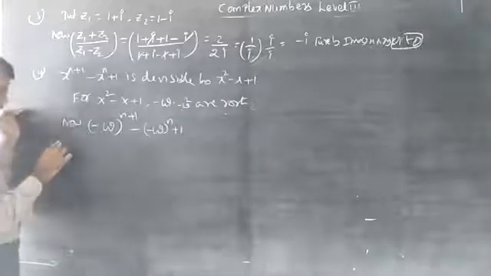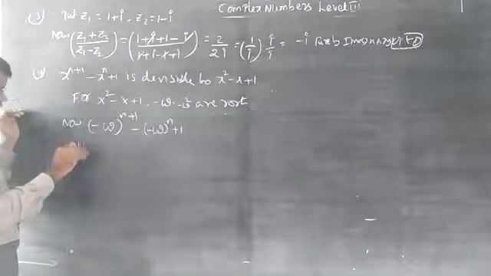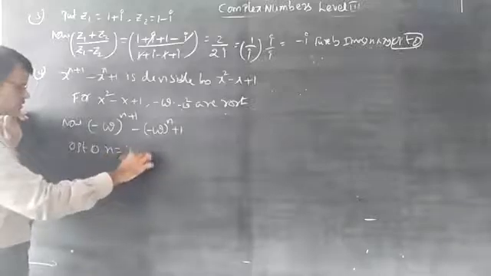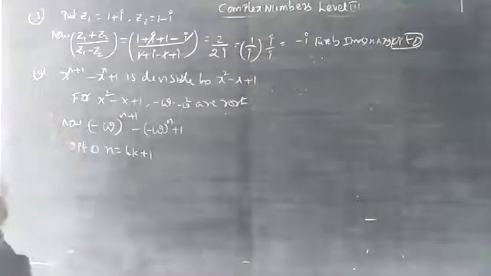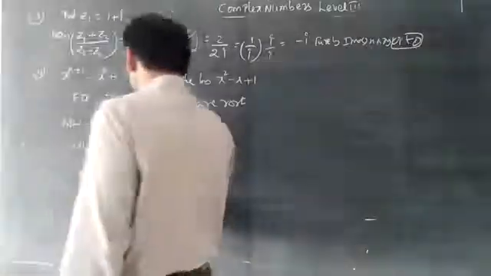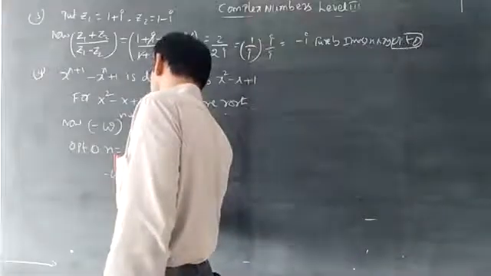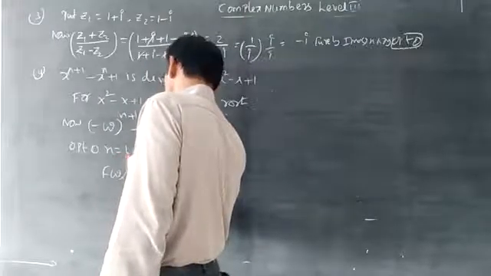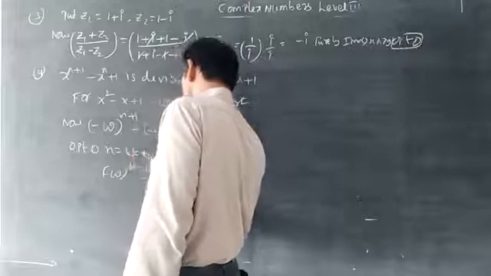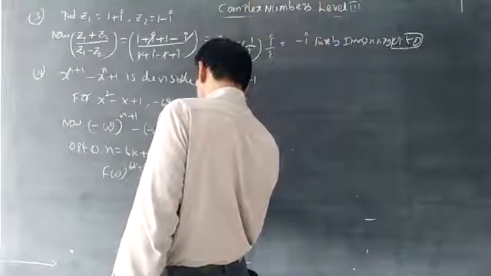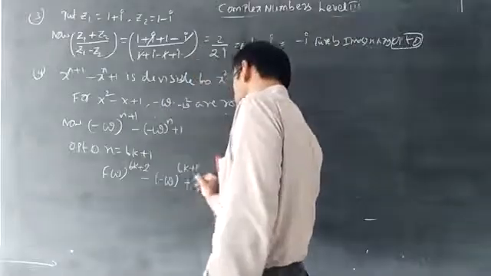Now substituting the value, verifying option 1, I am writing n is equal to 6k plus 1. Put n is equal to 6k plus 1: minus 1 whole power 6k plus 2, minus 1 whole power 6k plus 1, plus 1.